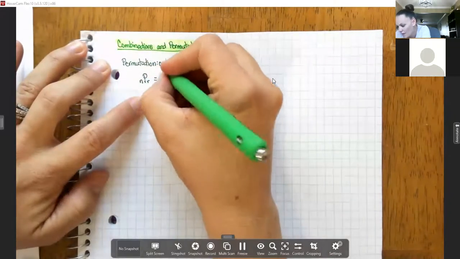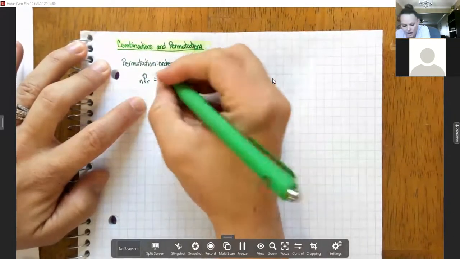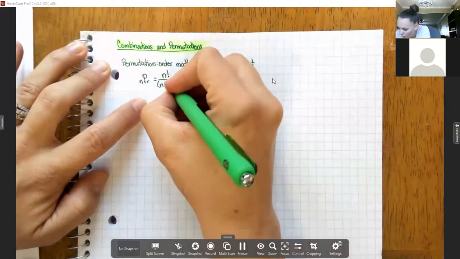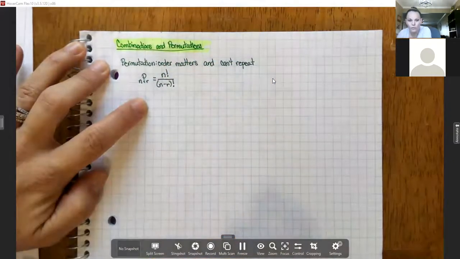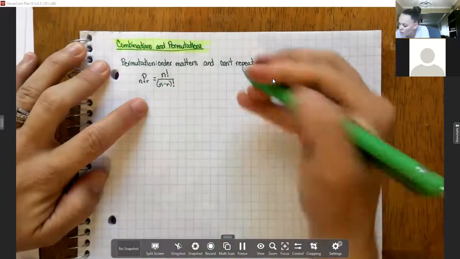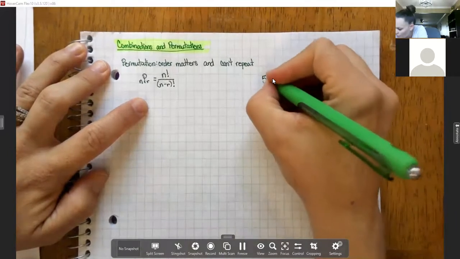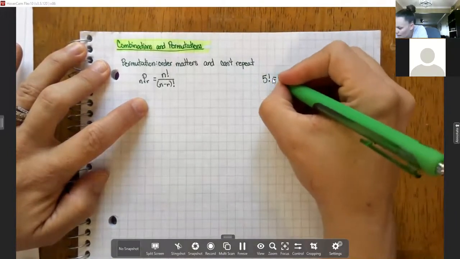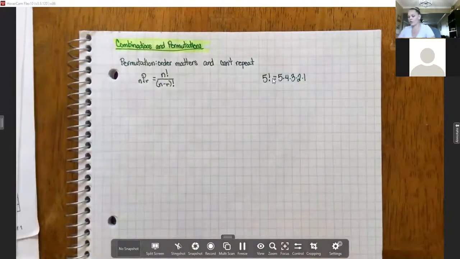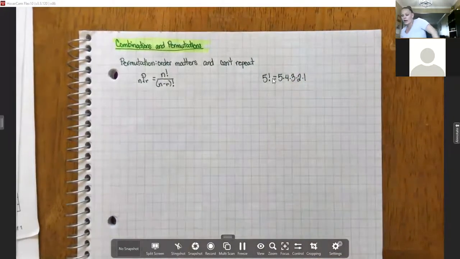And that's n factorial divided by n minus r factorial. And so remember this factorial, this exclamation mark. So for example, 5 factorial means 5 times 4 times 3 times 2 times 1. You start at the number you're at, it has to be a whole number, and you count down.